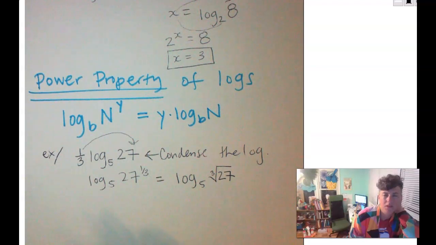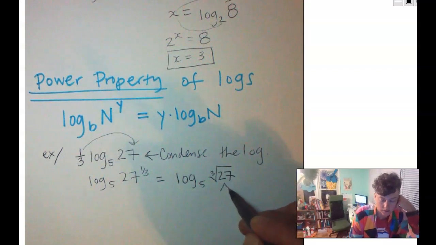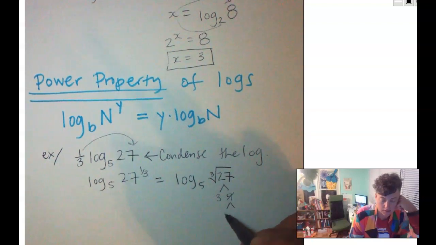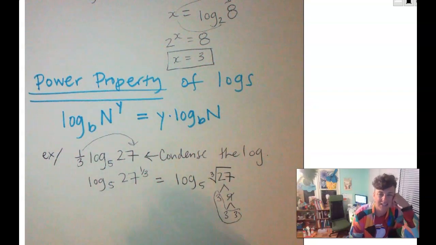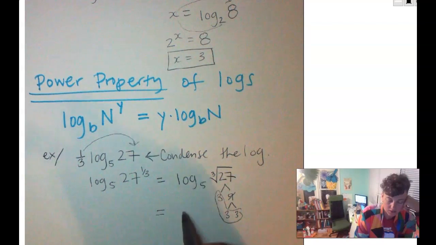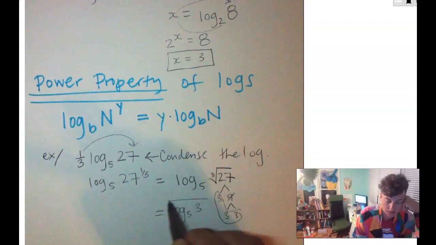That means what times itself 3 times equals 27. Well, let's see. We break this down into 3 and 9, and break the 9 into 3 and 3. We've got a group of 3 right here, so the cube root of 27 is 3. So our answer here is log base 5 of 3.